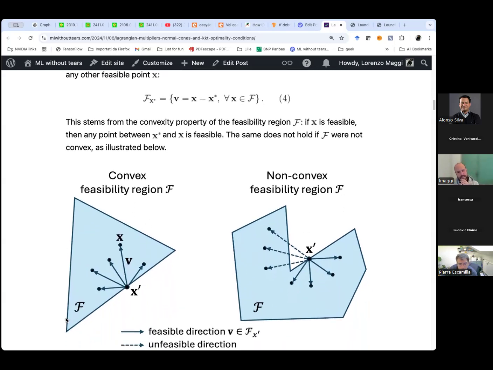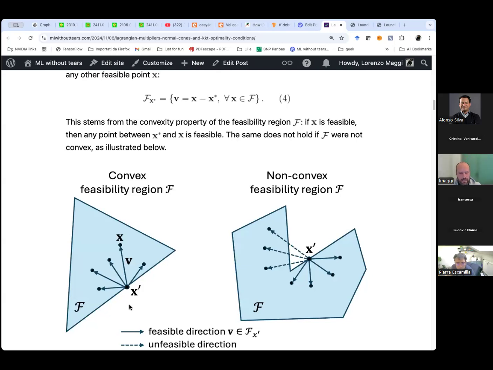Let's say that your feasible region is something like this triangle. You're here, and your feasible directions are all these directions, because if you follow this direction, you stay in F. This is clearly not a feasible direction. So how to define them?